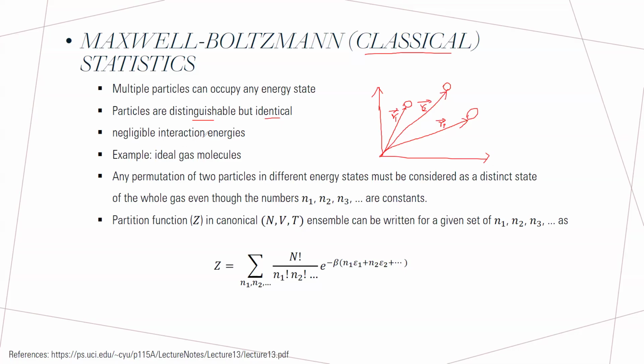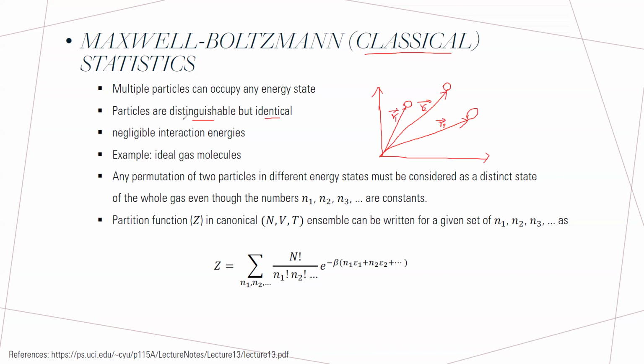They have negligible interaction energies based on Maxwell-Boltzmann statistics, and we can consider the ideal gas as an example for MB statistics, because the interaction between the ideal gas molecules is negligible. We consider they are just moving randomly and colliding with each other.